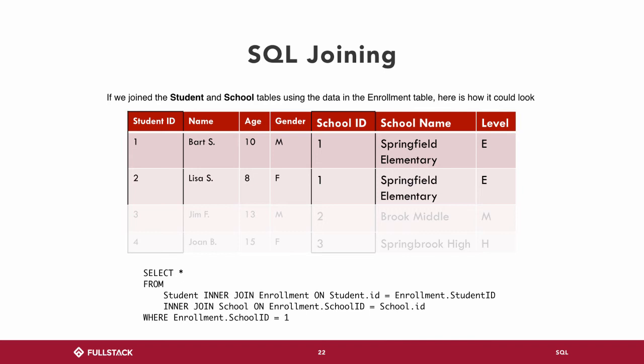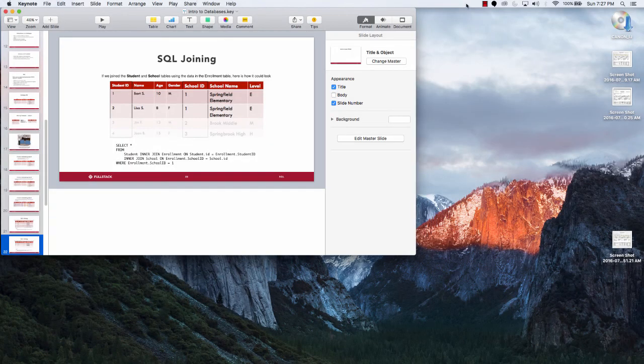On the same token, if you were joining on the school, and you didn't know that the ID is 1, you could say where school.schoolname is equal to Springfield Elementary. And you'd end up getting basically that same result set.